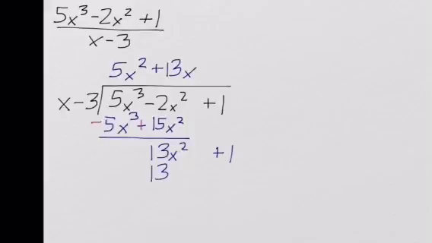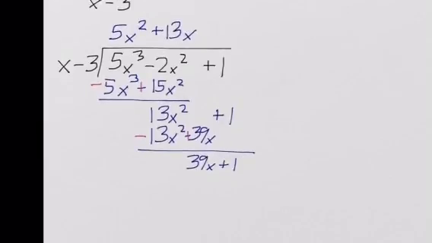Multiply by my x minus 3. And again, I'll turn it from subtraction into addition. I add, I end up with 39x plus 1.